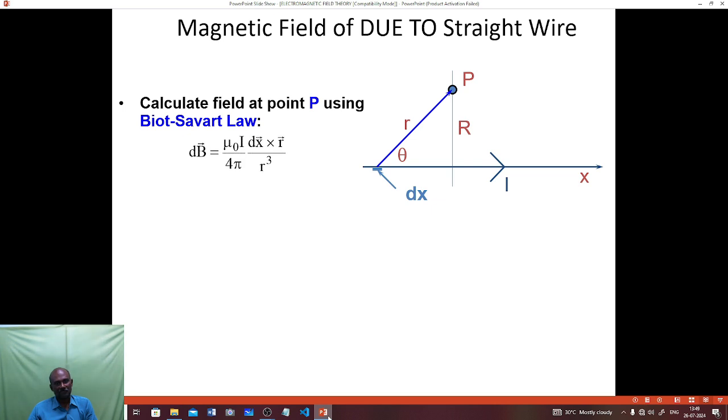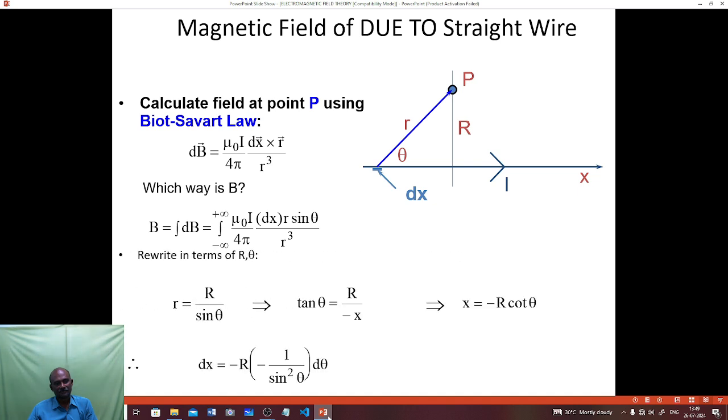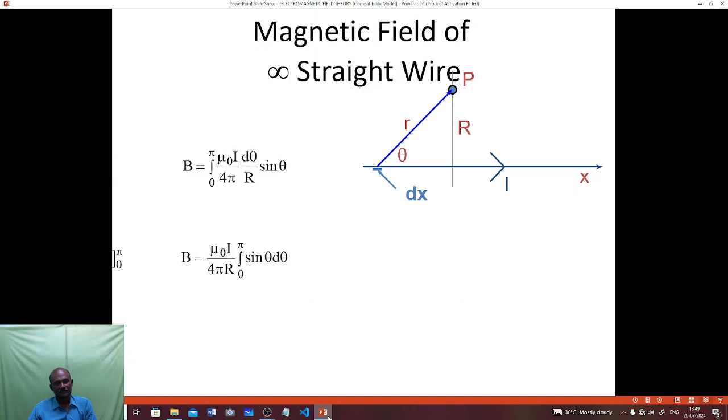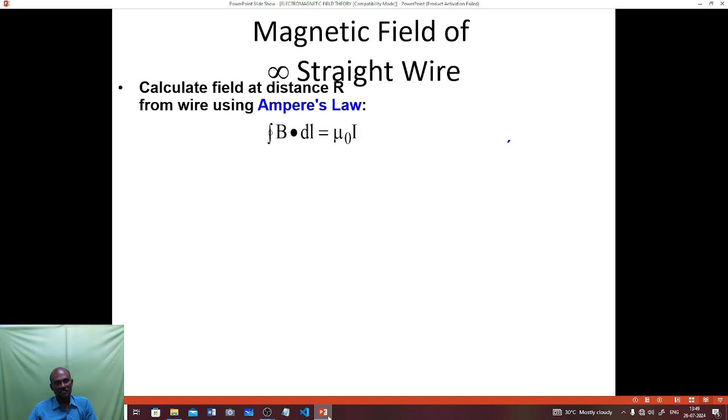We can find the magnetic field due to a straight wire, the magnetic field of an infinite straight wire. So using Biot-Savart's law and Ampere's law, we can find the magnetic flux density for the current carrying conductor at a distance r.